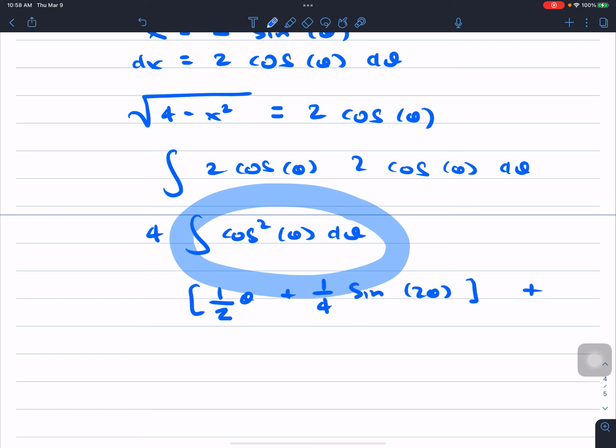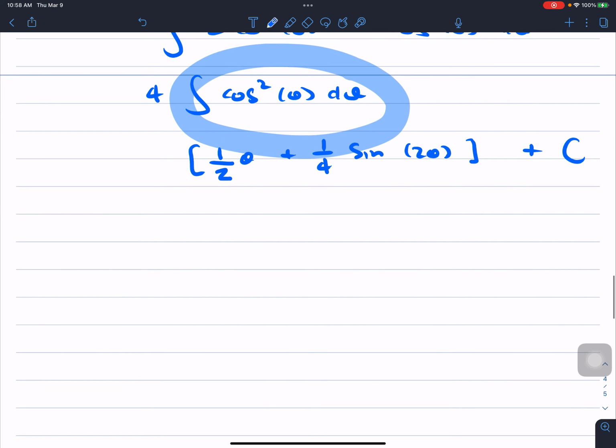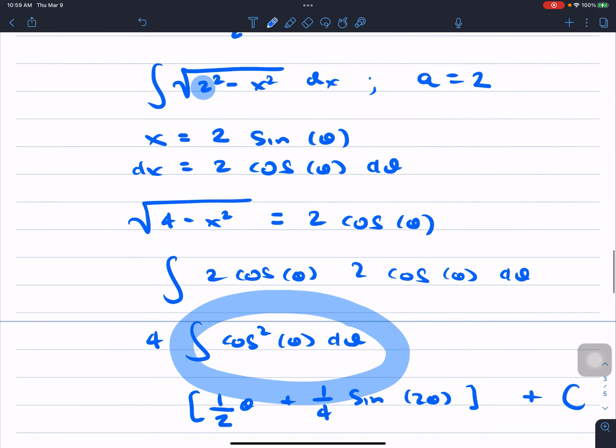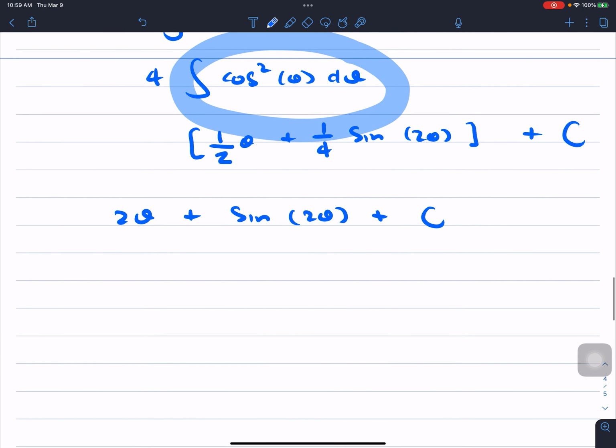Yes, there's a constant at the very end, right? So what happens when I take that 4 times 1/2? Doesn't that give me what? 2 theta. And let's distribute 4 times 1/4. So ladies and gentlemen, here you go. Okay, is that right? You guys okay with that one? So far, so good?